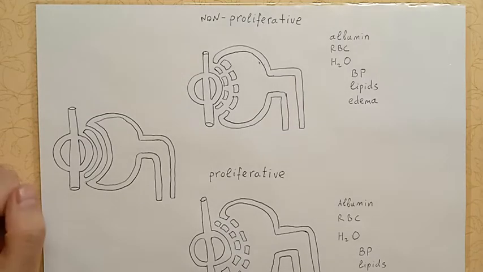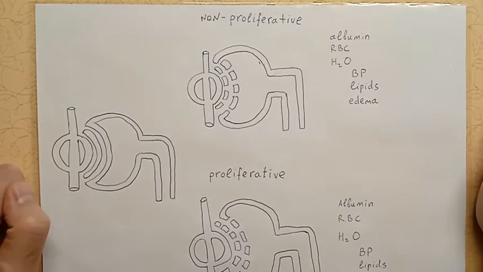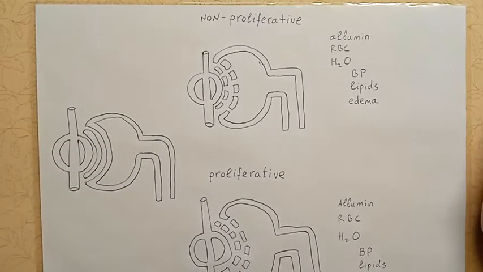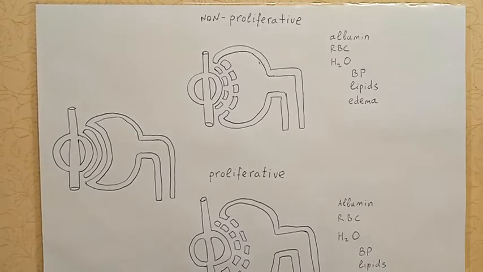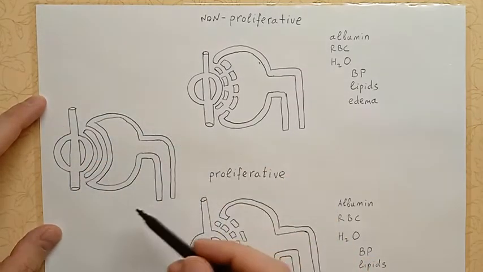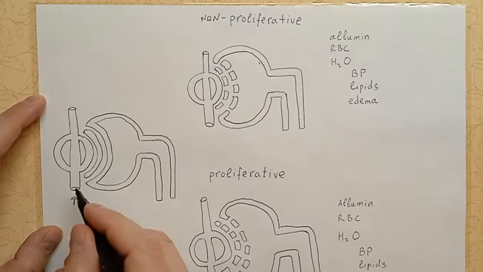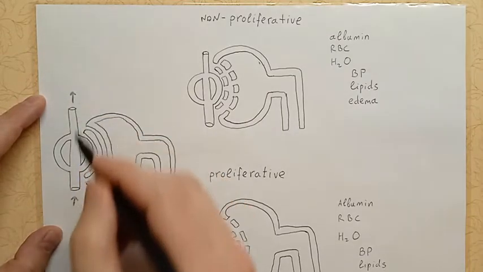Okay, the topic of glomerulonephritis, the autoimmune inflammation and autoimmune damage of the kidney, can be easily explained by this picture. In a normal state, you have a nephron. It has an incoming artery and an outgoing artery.